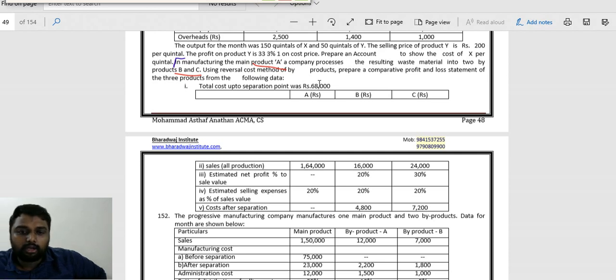So the total cost up to separation is what we call our joint cost. This only we have to apportion.